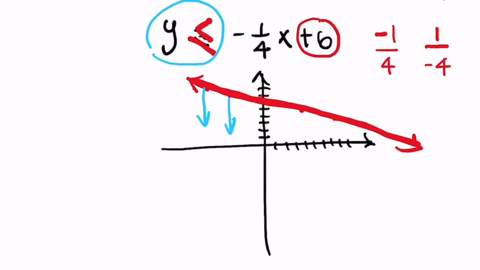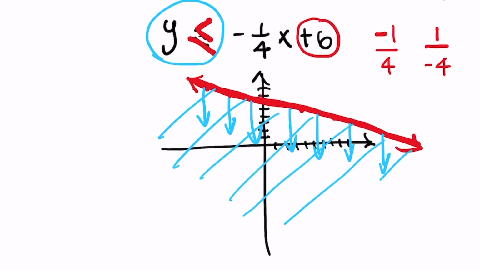Y is less than. Vertically it's less than. So you are including all the regions that are below the line, and it's up to and including. And this time, just as an example, the origin 0, 0 is yes, part of your solution.